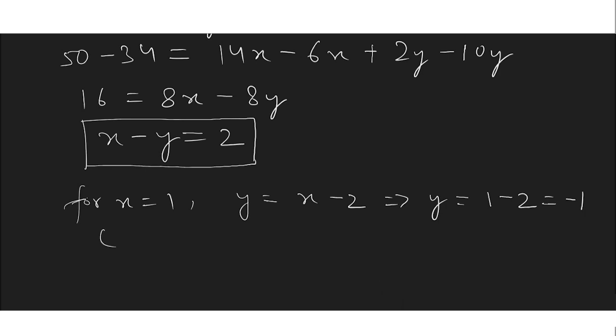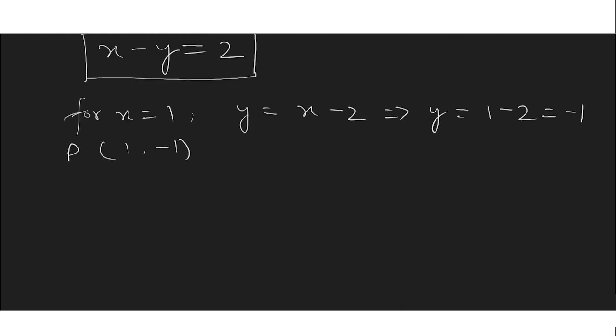So the point 1 comma minus 1 will be equidistant from 7 comma 1 and 3 comma 5, that is point A and B. If P is equal to 1 comma minus 1, then this P will be equidistant from the points A and B. You can practically find out by putting these values in the distance formulas and then comparing the values of AP and BP.